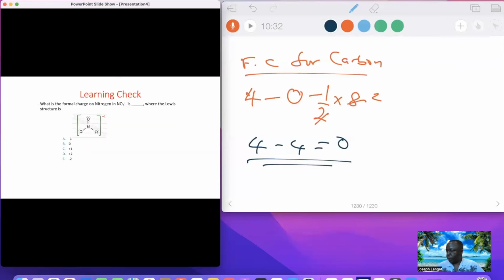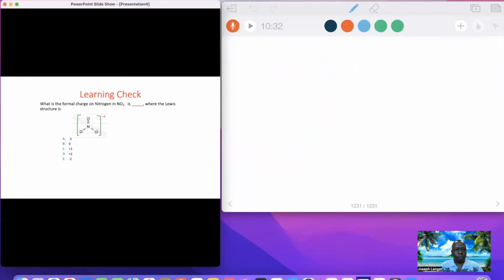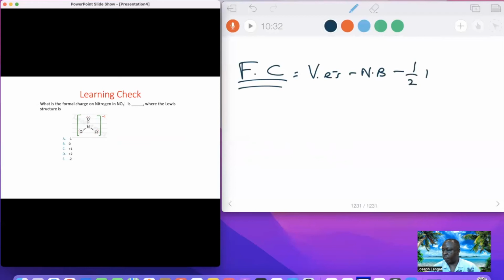Let's see on formal charge, this is simple. What is the formal charge on nitrogen in nitrate ion? Valence electrons minus non-bonding electrons minus a half of the bonding electrons. In this case, we have 5 valence electrons, it's in group 5, minus 0.